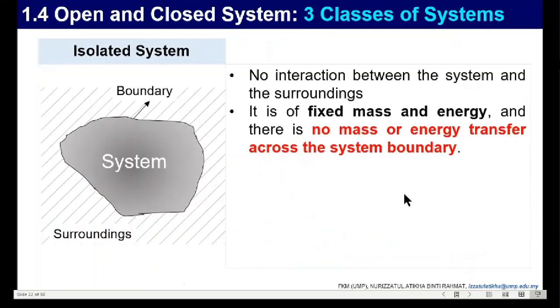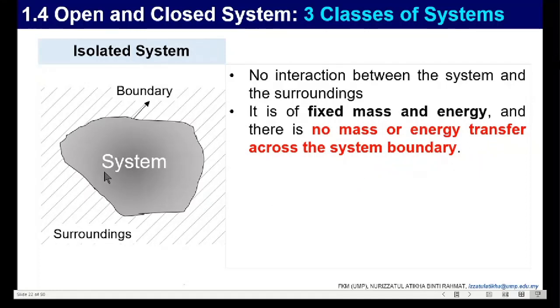Now, the last class of system is called an isolated system. What is an isolated system? An isolated system is one where there is no interaction between the system and the surroundings. No interaction happens. It is of fixed mass and energy, and there is no mass or energy transfer across the system boundary.